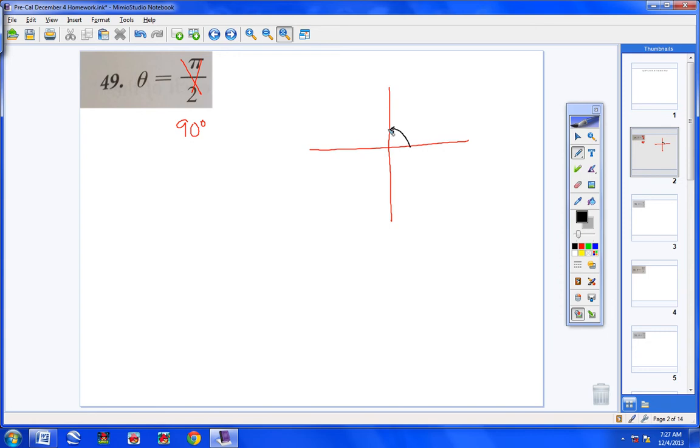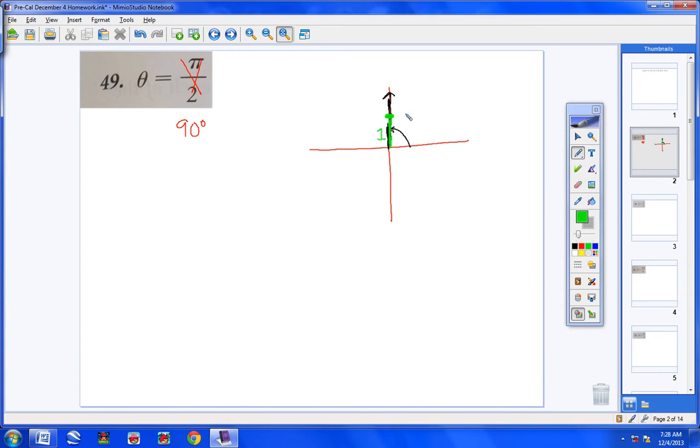So I know my vector is going to lie on this line right here because I rotated 90 degrees. Now how far up do I want to go? A unit of 1. So we'll say it's this far right here. Okay, there we go. So there's the vector I'm trying to find. It's going the right direction, it's going this way, and it has a length of 1.